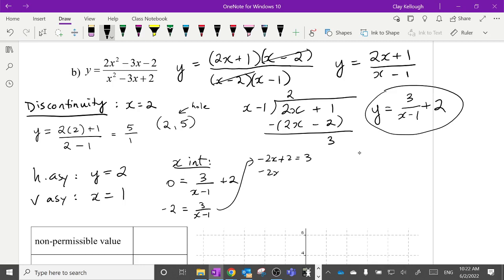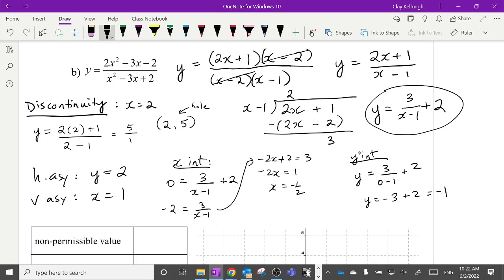So negative 2x is equal to 1. So x is equal to negative 1/2. Somebody double check my algebra, make sure I didn't goof that up. And my y-intercept, that's when x is 0. So that's 3 divided by negative 1, so that's negative 3 plus 2, which is negative 1.